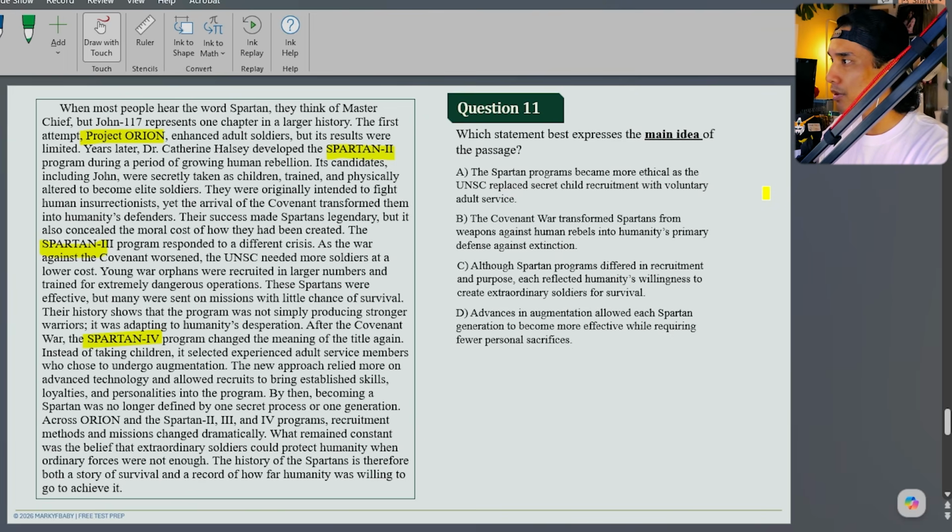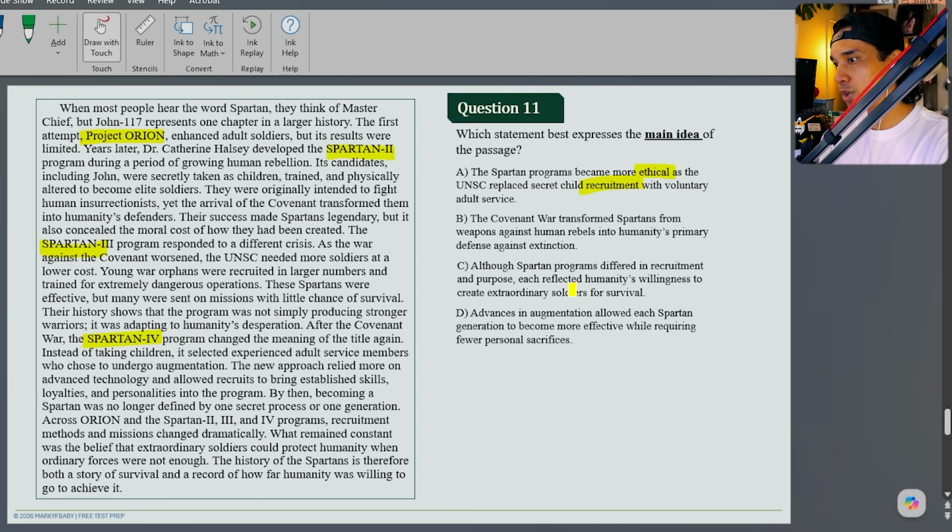The Spartan programs became more ethical as the UNSC replaced secret child recruitment with voluntary adult service. Well, I think this one's incorrect because it is too narrow. It focuses too much on ethics and recruitment. We need something more. The Covenant War transformed Spartans from weapons against human rebels into humanity's primary defense against extinction.